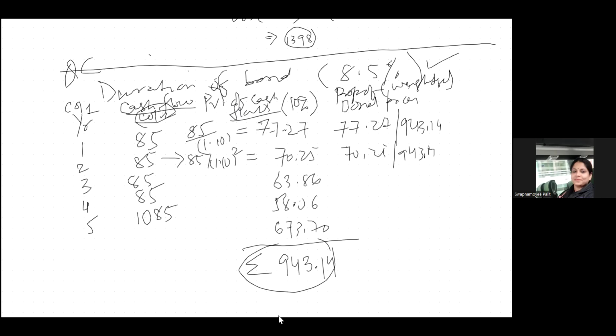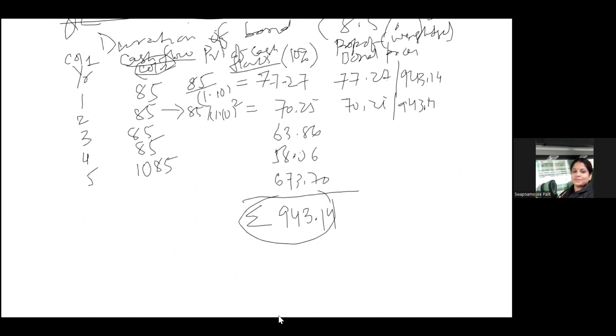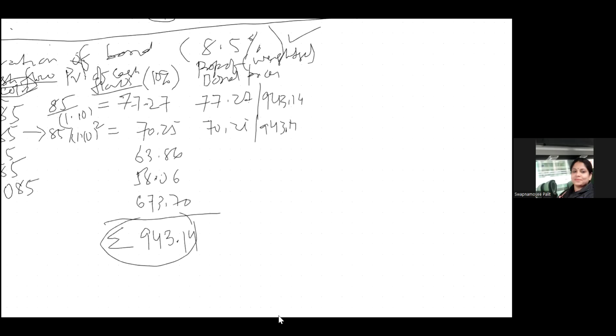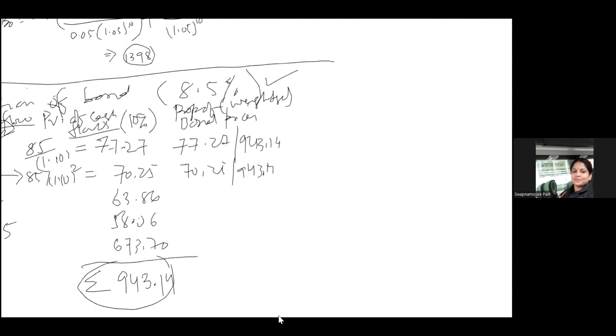Okay. So the values you are getting are 0.082, and this you are getting as 0.074.